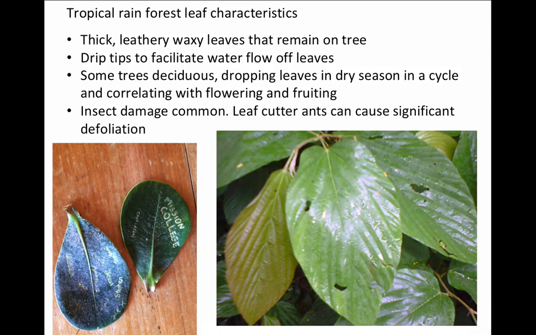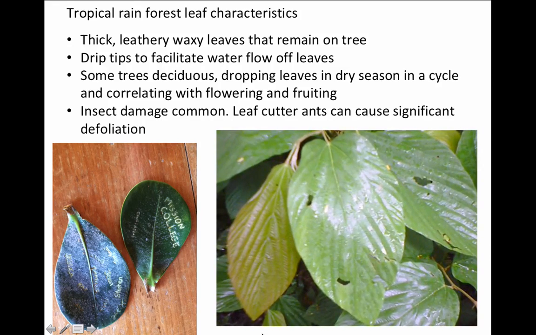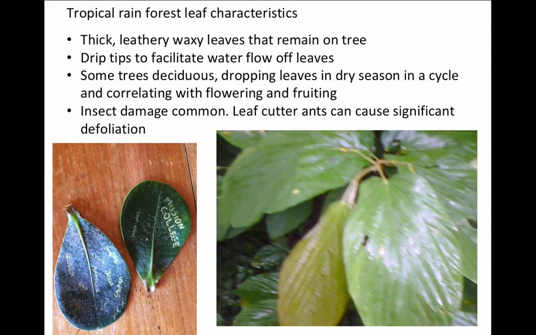The trees will drop their leaves in response to being too dry. It dries them out to have all those leaves, and so when it gets dry, they can drop them. And then there's a pattern that correlates with the flowering and the fruiting and the whole annual cycle of the tree. Insect damage is quite common.